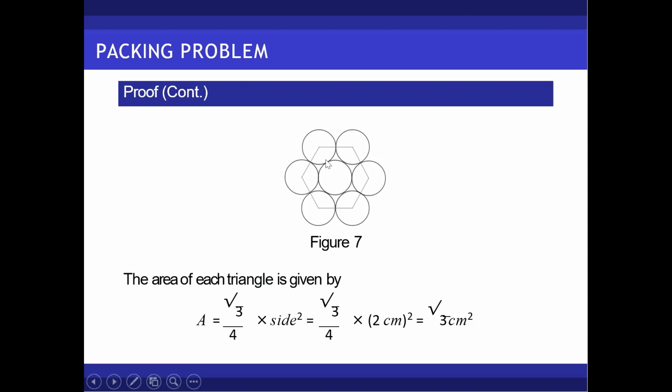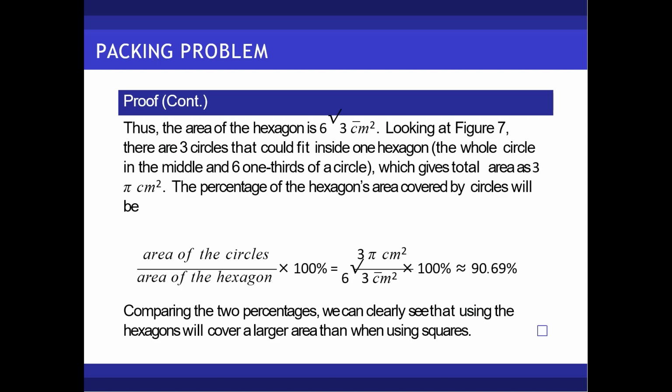So 1/3 part of the circle times 6 is 2, plus the area of one whole circle, so the total area of the circles is 3 pi square centimeters.